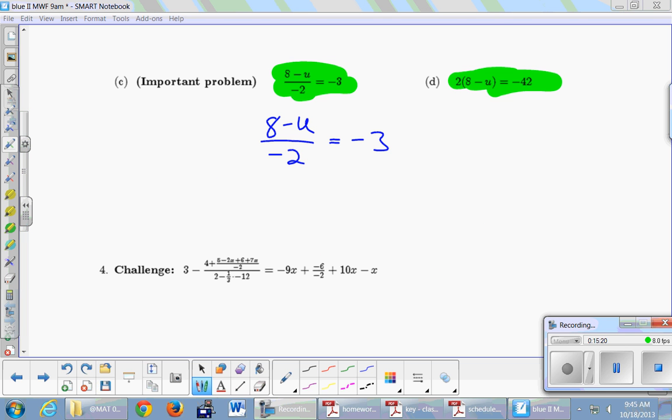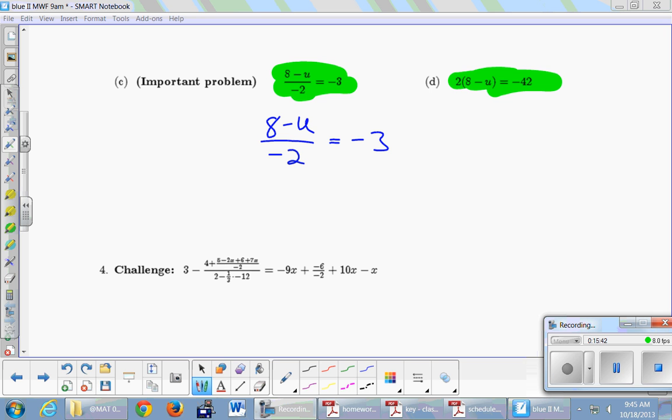Okay, taking a look at this first equation here in part C. Right here, I have 8 minus u divided by -2. That division line kind of separates these two pieces. And I need to decide, do I move the 8 first or do I move the -2 first? Which one moves first? It's the -2 actually.